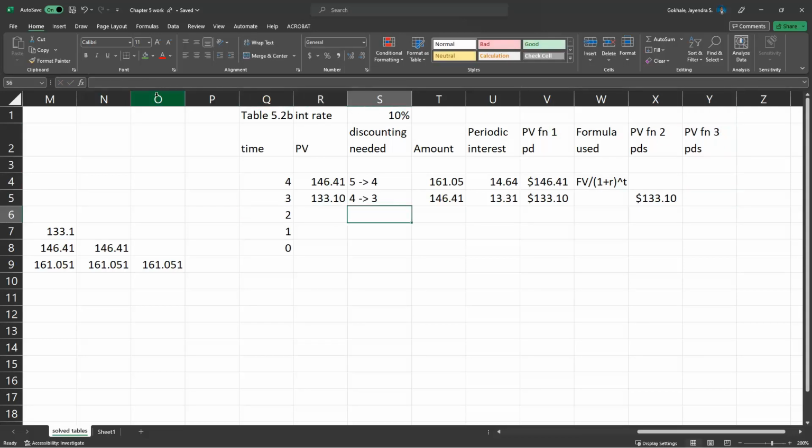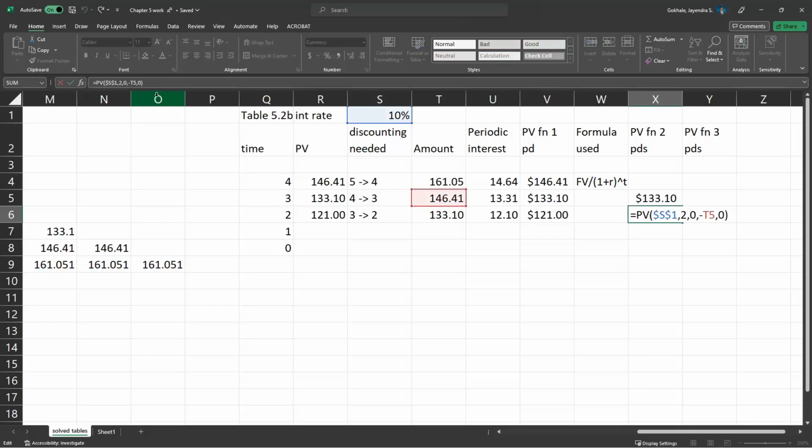So this is going to be 3 to 2, control D, and then control D, 121, control D, the difference of this and this. Use the PV function, 121, 2 periods, we go from 146 to 121 like that. Same answer. Now let's do the formula for 3 periods of PV. $S$1.